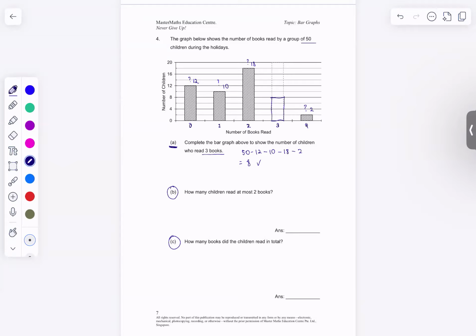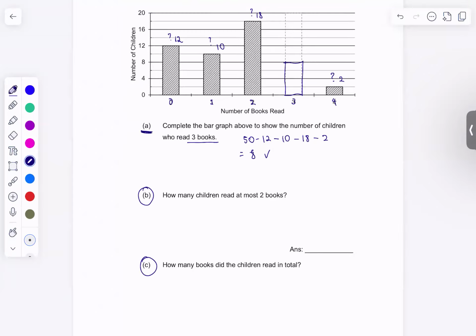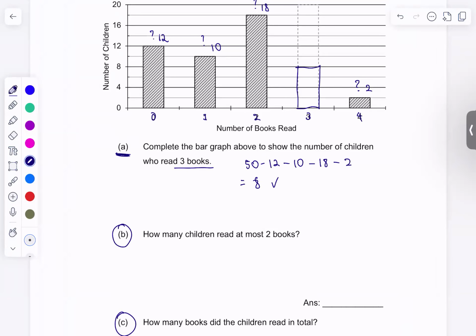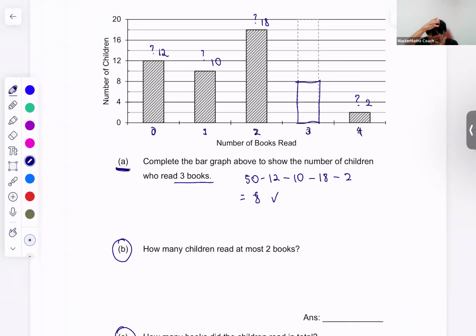Is the answer 18? So is the answer how many? Sorry, the answer is at most two books. The answer is 40. You want to try one more time?